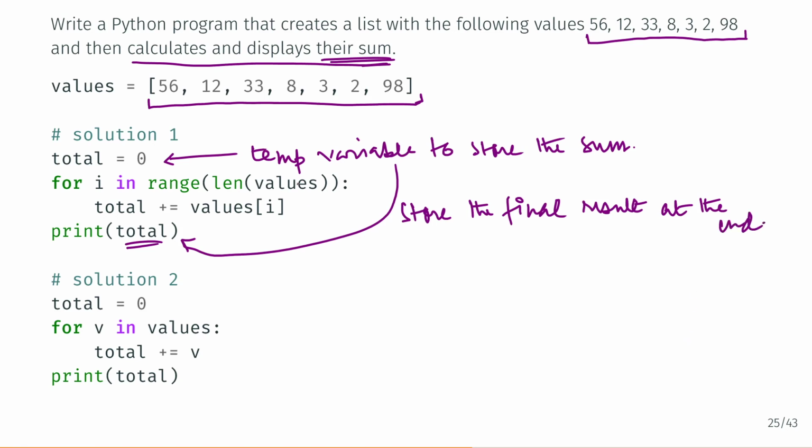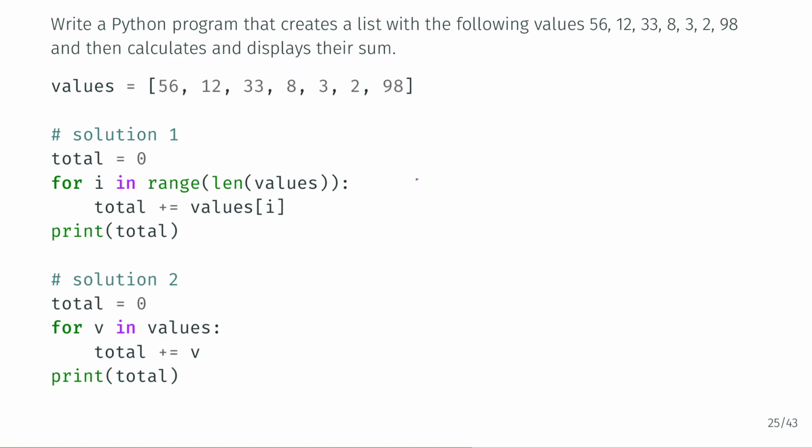So this temporary variable would be updated every time inside the loop, and at the end of the iteration it will store the final result. What the initial value of the temporary variable is and how we update it is based on what we want to calculate. In this case we want to calculate the sum, and when we calculate the sum, the initial value is always 0. So what we do is, for i in range of length of values.